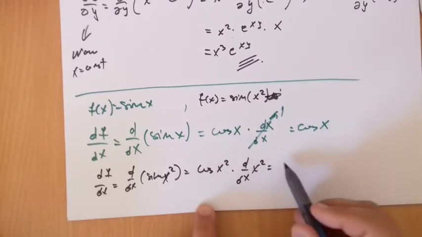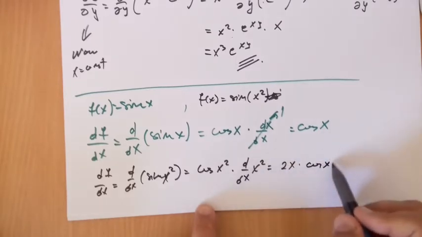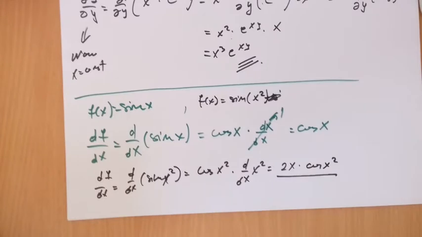So 2x times cosine of x squared. In every single case we do the derivative of the argument, but when we have one variable, for example sine x, e to the x, cosine x, tangent of x, and those things, we don't do it because the derivative of x is always 1. So this is the reason why we don't show it.